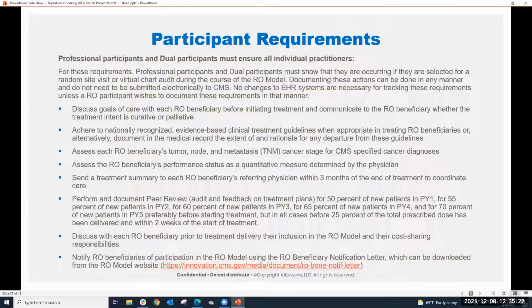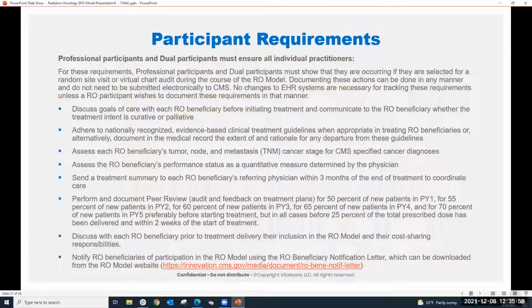These participants must ensure that individual practitioners discuss the goals of care with the patient, and whether the intent of treatment is going to be curative or palliative. Obviously, you need to adhere to nationally recognized evidence-based clinical treatment guidelines. If you don't, you would need to document in the medical record the rationale for not doing so.